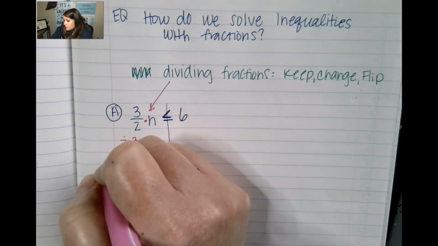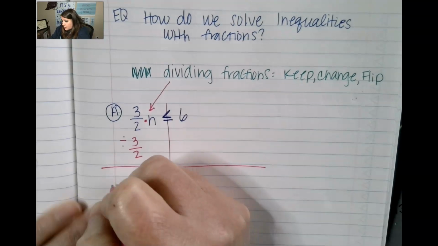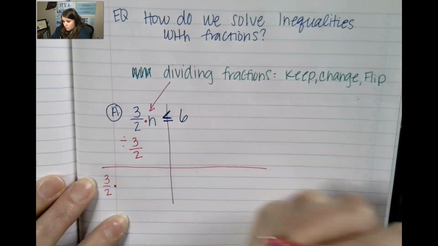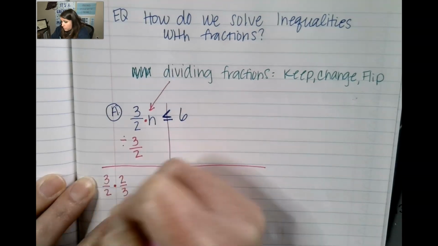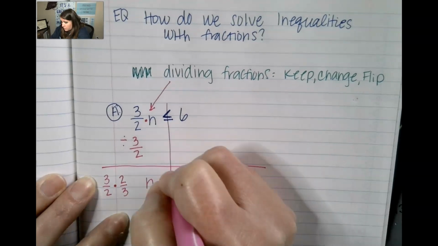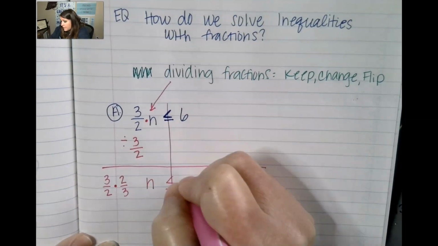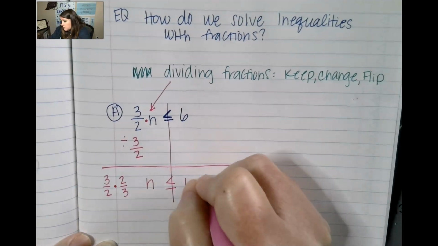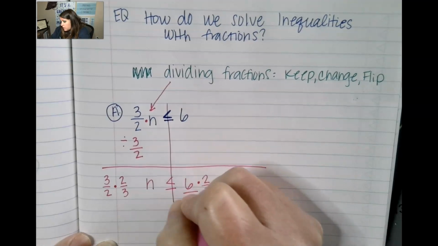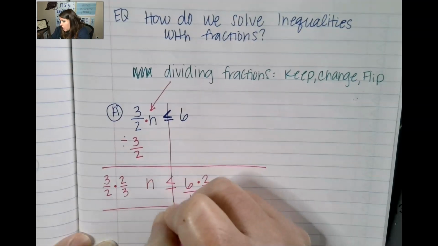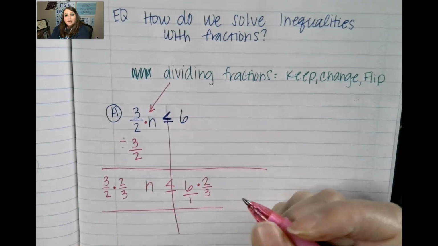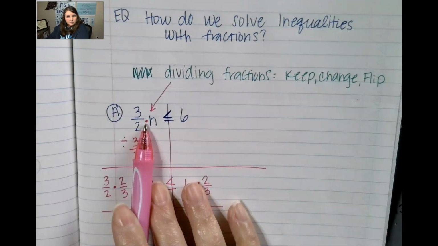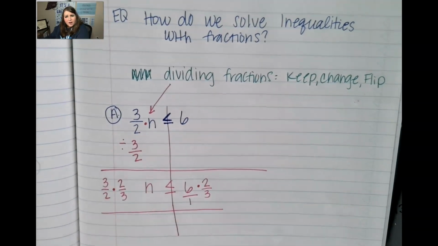So really, this problem here is like saying that I have 3 over 2 times 2 over 3n. We're going to drop down that symbol. And then on this side, because we multiplied by 2 over 3, we're going to multiply by 2 over 3. The problem with this problem is that we actually are multiplying again because it's a dividing of fractions.